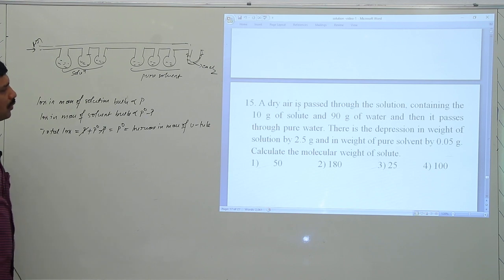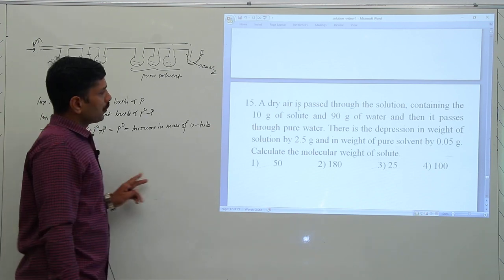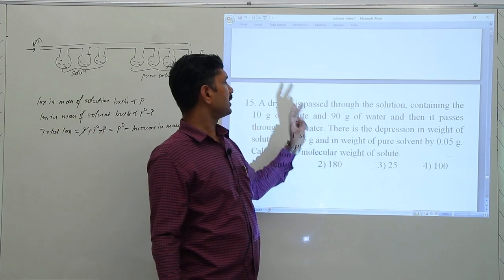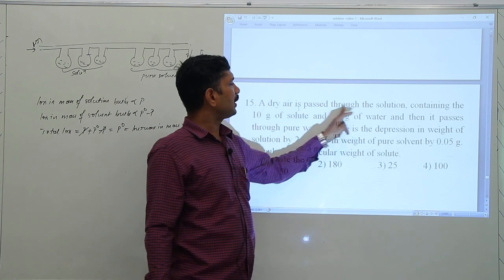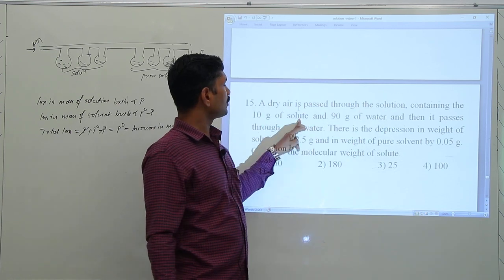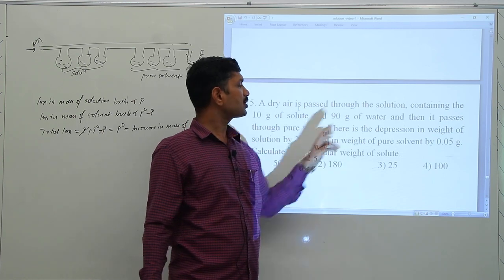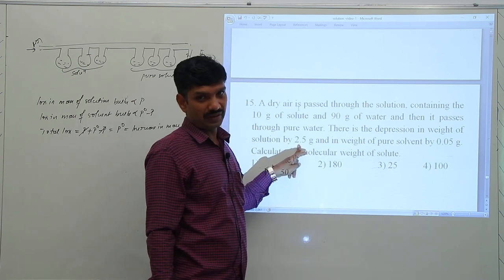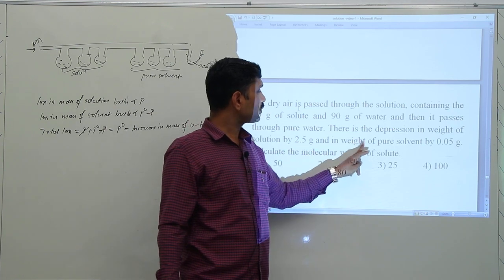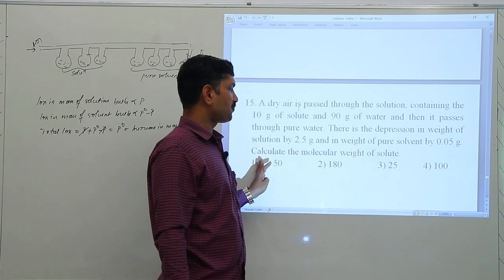Okay. So now, what's written here? What's given? Dry air is passed through the solution containing 10 gram of solute and 90 gram of water, and then passed through pure water. The depression in the weight of the solution bulb is 2.5, and the weight of the pure solvent by 0.05.